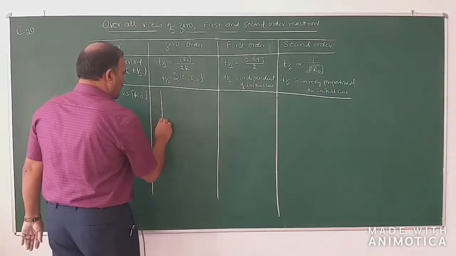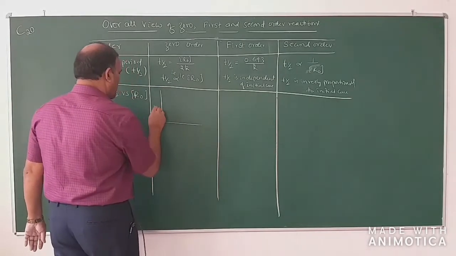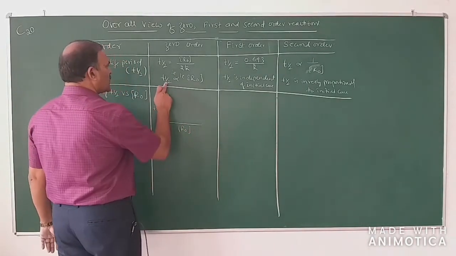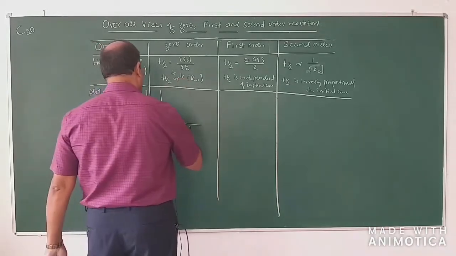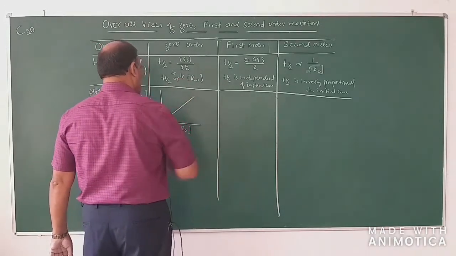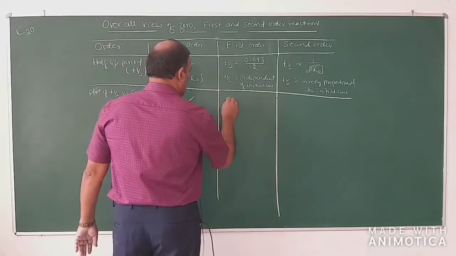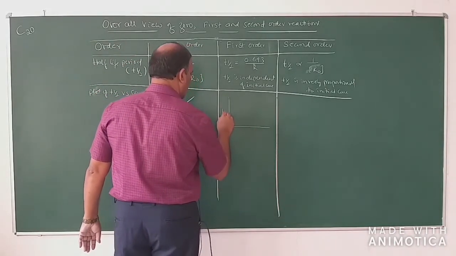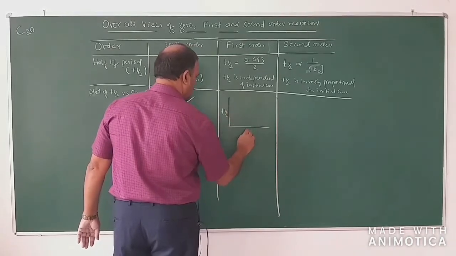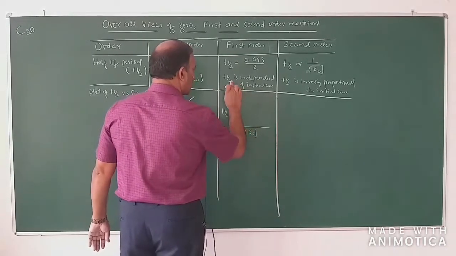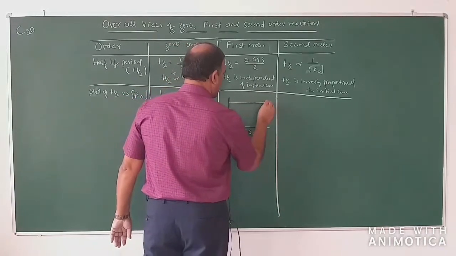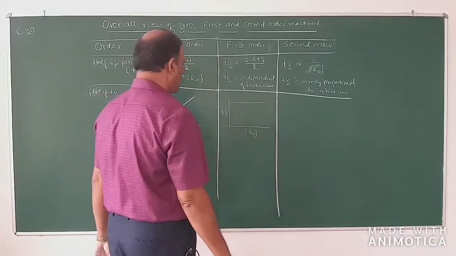So if t1/2 is plotted against initial concentration R naught, t1/2 is directly proportional to R naught, so you will get a straight line like this. If you plot t1/2 versus R naught in case of first order reaction, t1/2 is independent of initial concentration, you will get a straight line parallel to x axis.